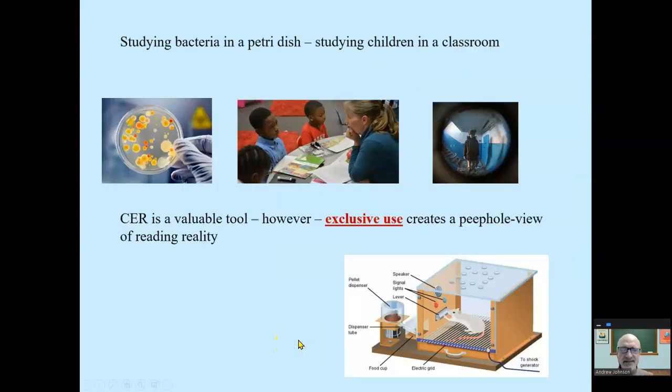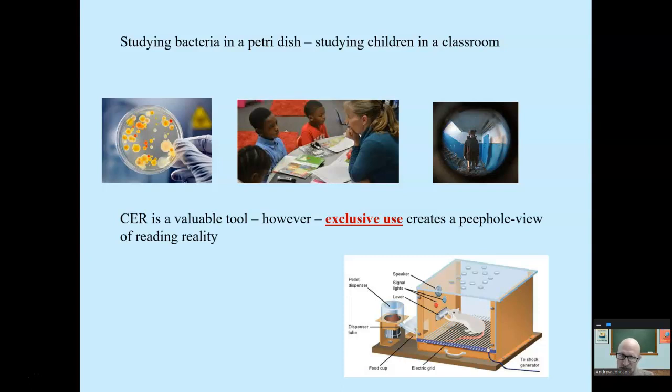They have mandated that only a particular way of knowing is legitimate. They have insisted that the only knowledge that counts for reading instruction is that which is derived through controlled experimental research. In other words, the same methods used to study bacteria in a petri dish should be used to study children in a classroom.